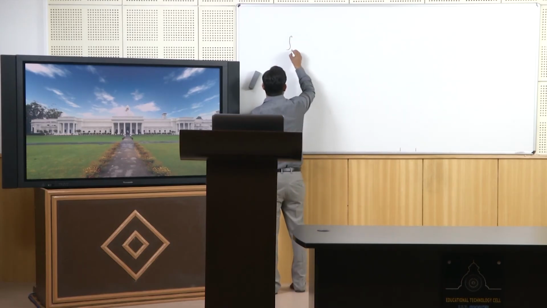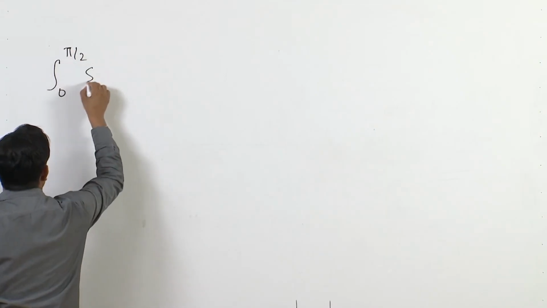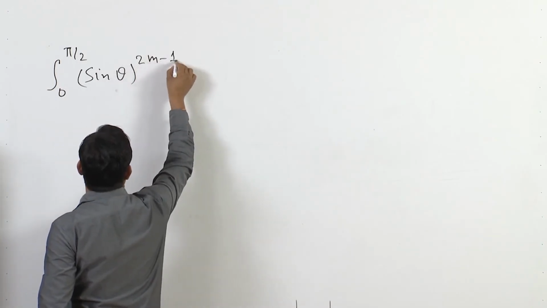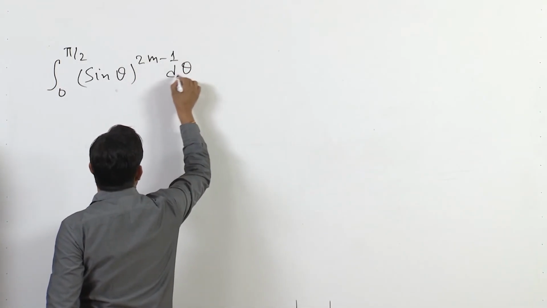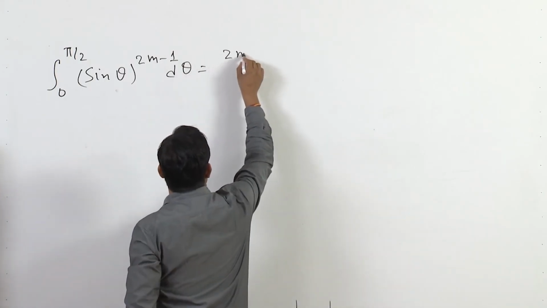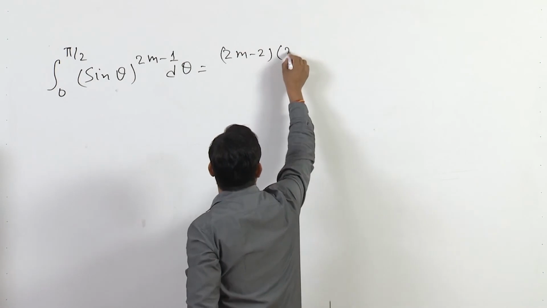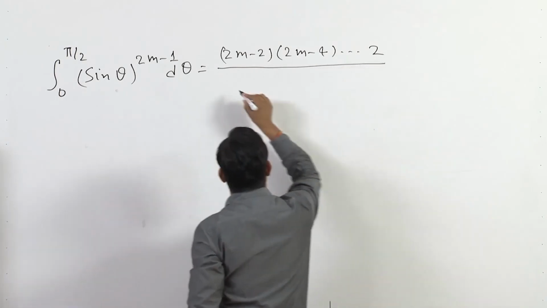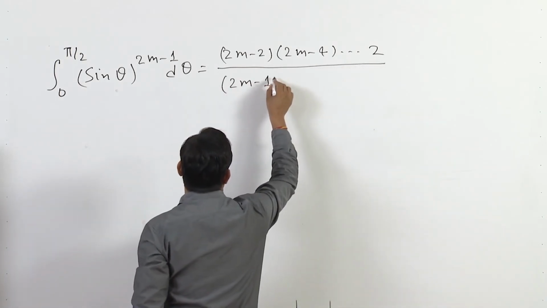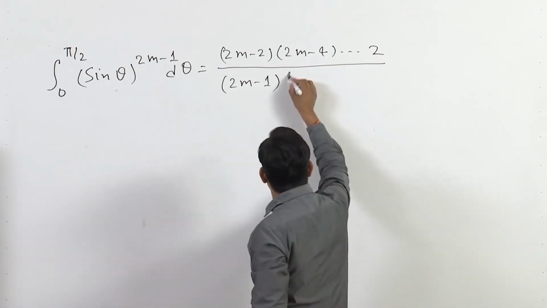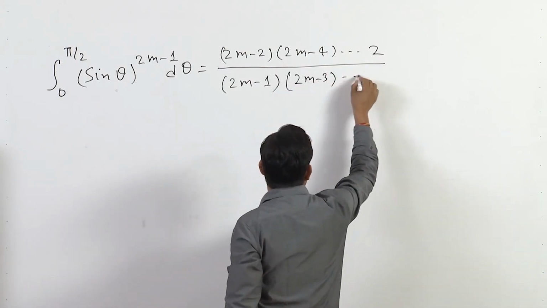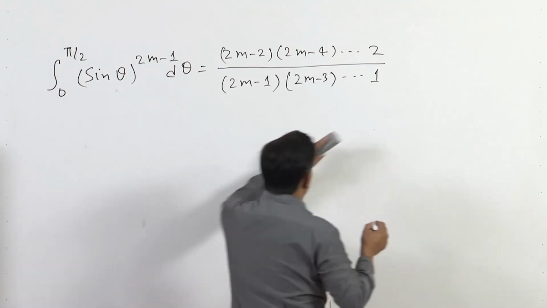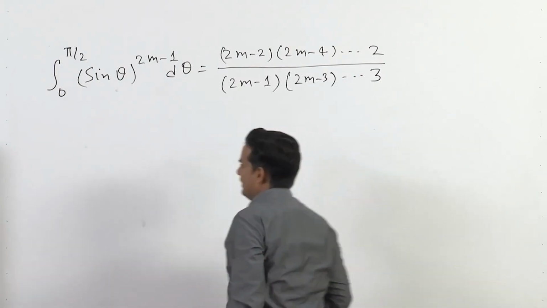So, basically we need to prove that the integral 0 to pi by 2 of sin theta raised to power 2m minus 1 d theta equals this, 2m minus 2 and so on up to 2 over 2m minus 1, 2m minus 3 up to 1, or 1 does not make any effect, so better I will write up to 3.